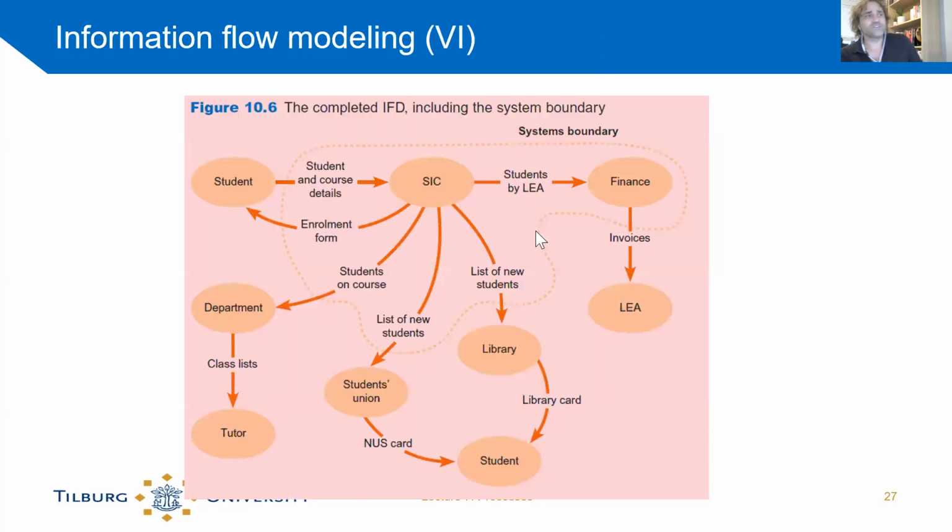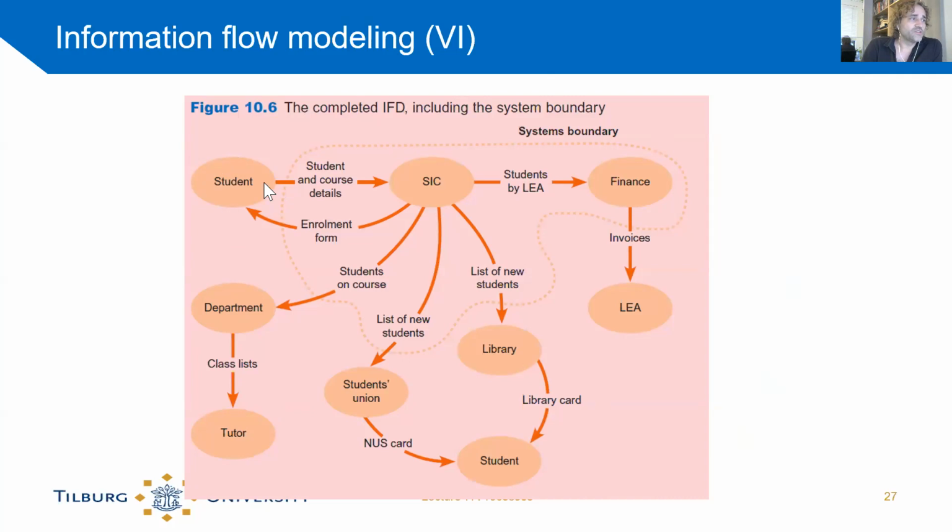Another example, which was in the chapter in the book by Boddy, is what happens when a student enrolls for a course. This is a more extensive information flow diagram.